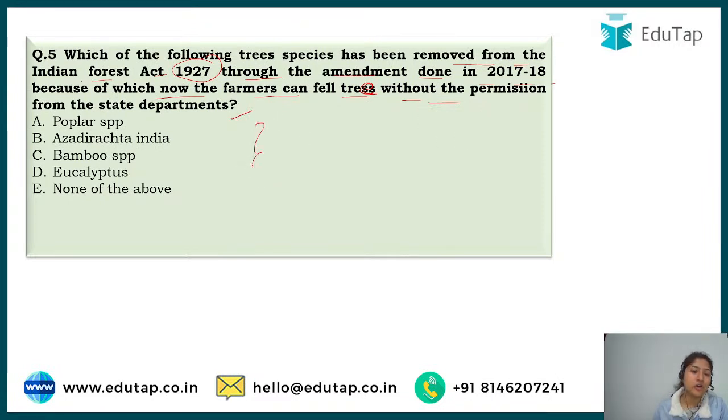Initially, one of the tree species in the options was not allowed to be cut down by farmers due to the Indian Forest Act. But then an amendment was done in 2017-18, a change was made, and under that change the right answer, that particular tree, was removed from the list, and now a farmer can actually cut it down. So which of the following species has been removed?